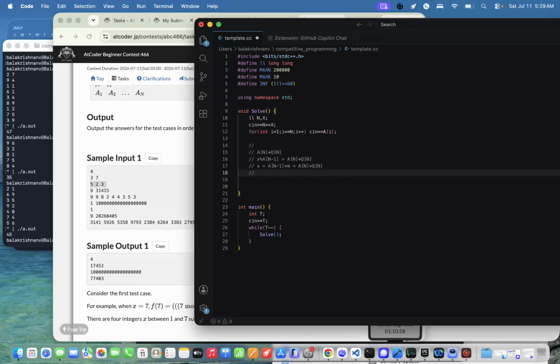So y must be, whatever y percent A of n minus 2 equal to this, which means y is actually m prime times A of n minus 2 plus this.